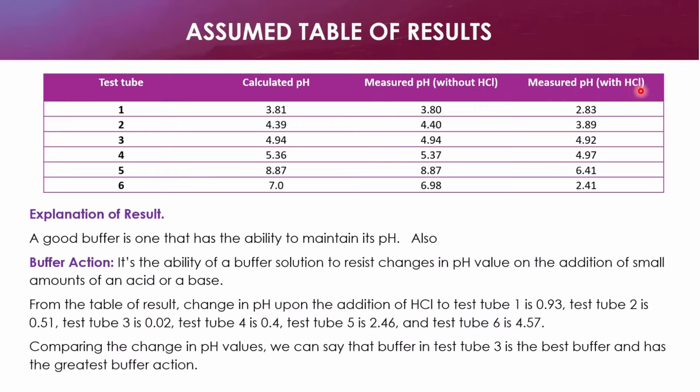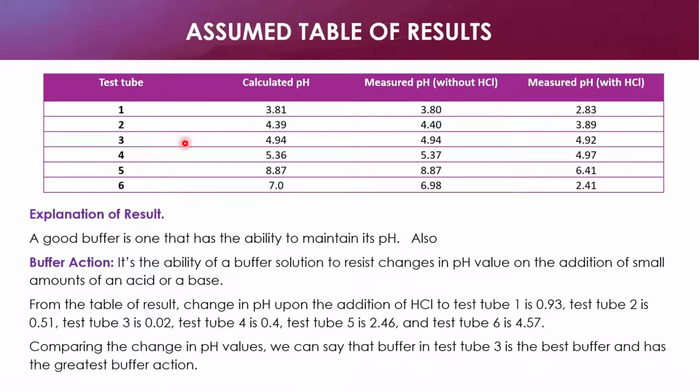For test tube 1, the calculated pH is 3.81, the measured pH without addition of acid is 3.80, and upon the addition of HCl, the measured pH is 2.83.